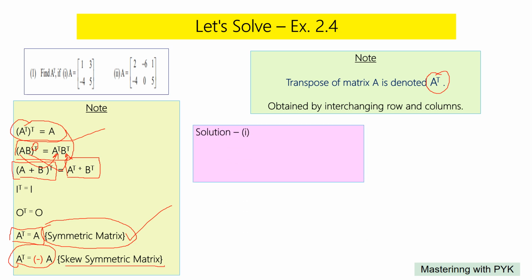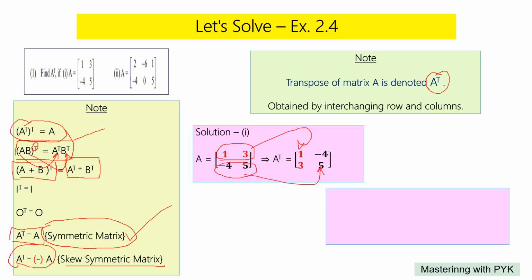In the first solution, interchanging the columns and rows, we get A transpose. This means the first row becomes the first column, right? And the second row becomes the second column. In question number 2, again, the matrix is of order 2 rows and 3 columns. So when we do the transpose, it will become 3 cross 2.